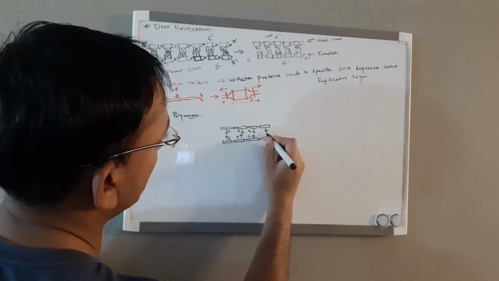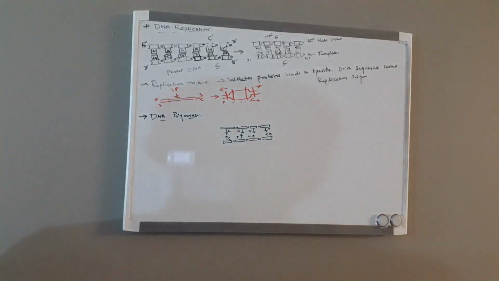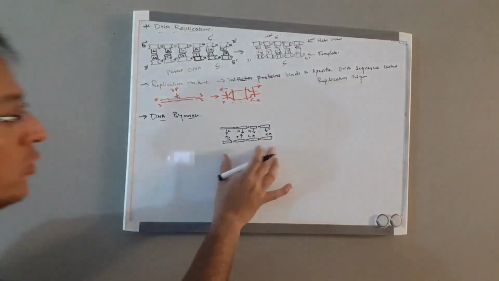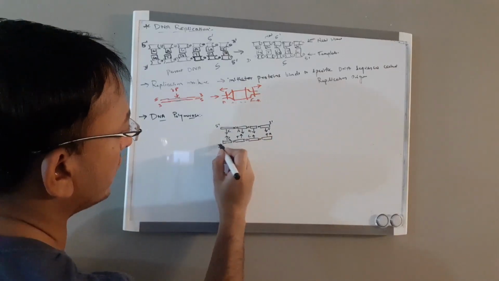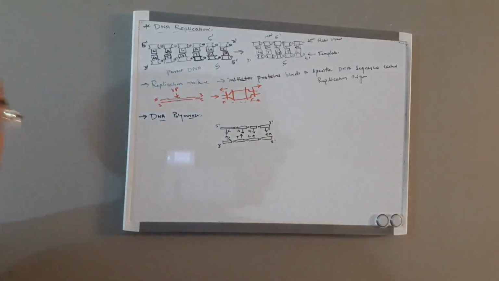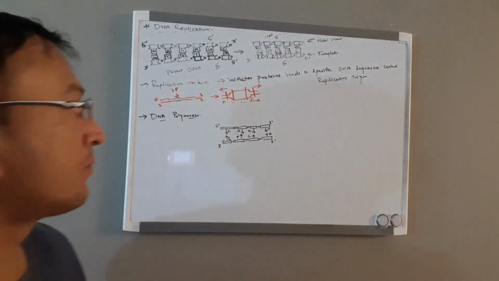This is C, and maybe this is T, just random arrows for the DNA. So this is the 5' and 3' end, and this is the 3' and 5' end. This is our basic DNA structure.